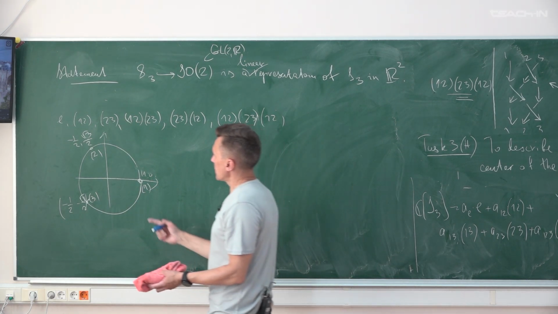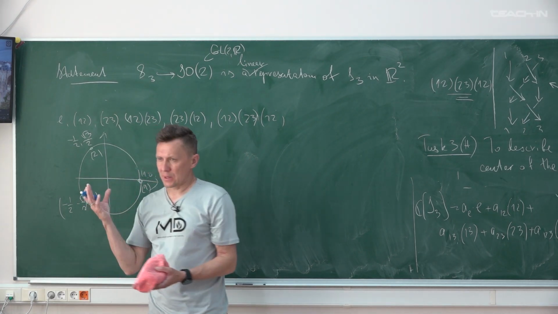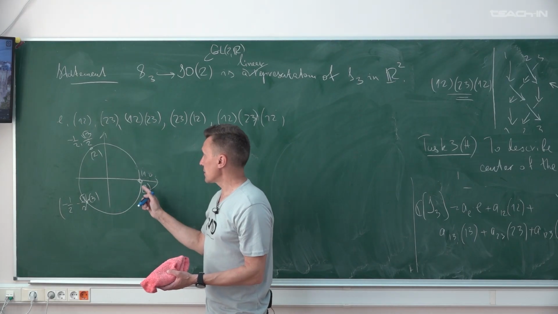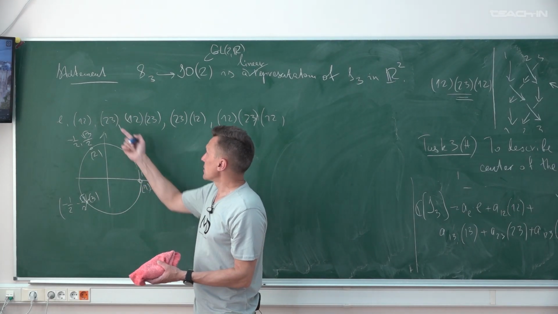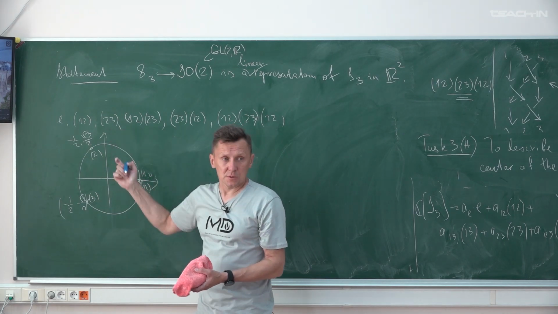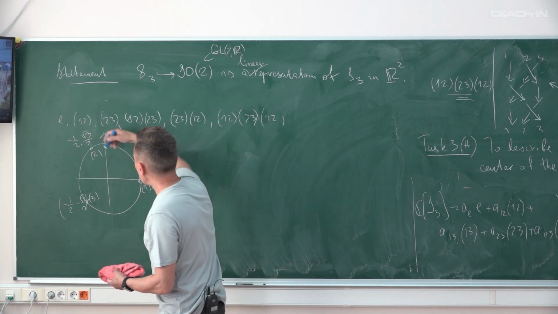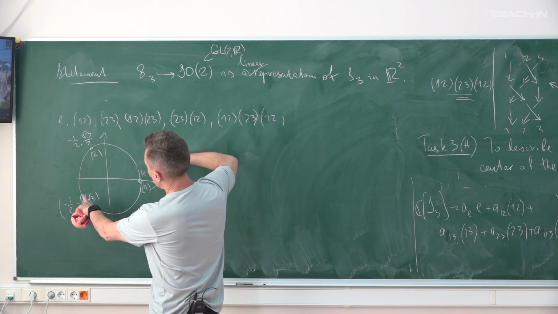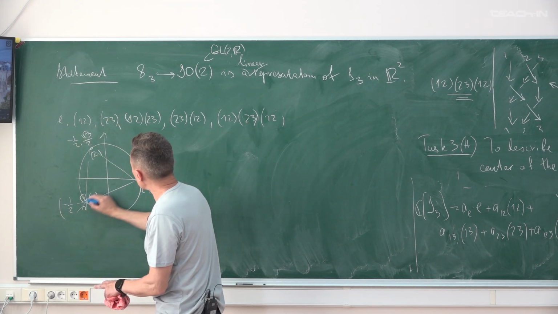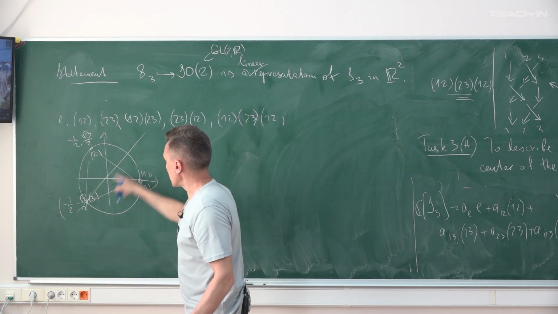And now we construct isometries which act on this triangle by the elements of the symmetric group on its vertices. Okay? So for example, (1,2) is the symmetry with this axis.